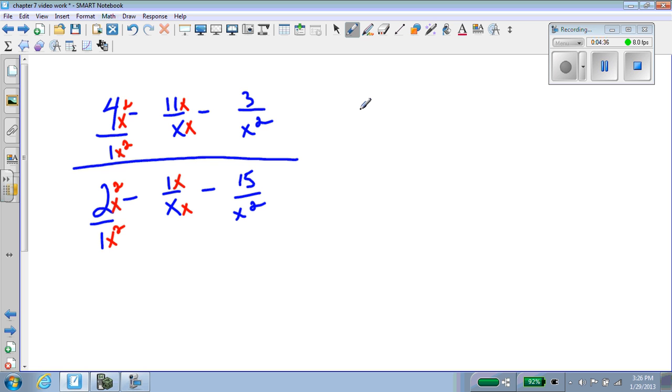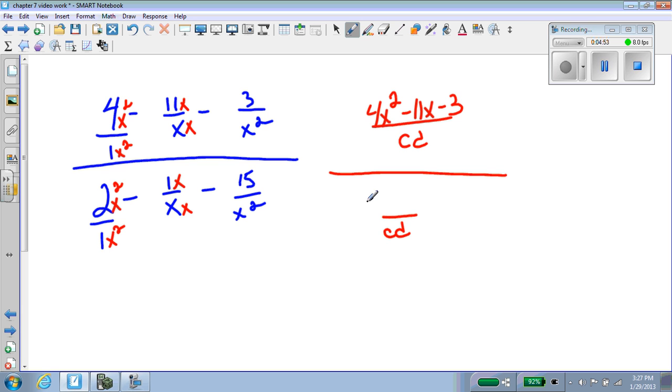So I think I'm going to do this in a couple of steps. So my numerator is 4x squared minus 11x minus 3. My denominator is 2x squared minus x minus 15. Right.